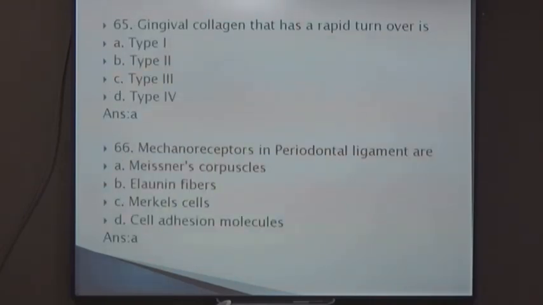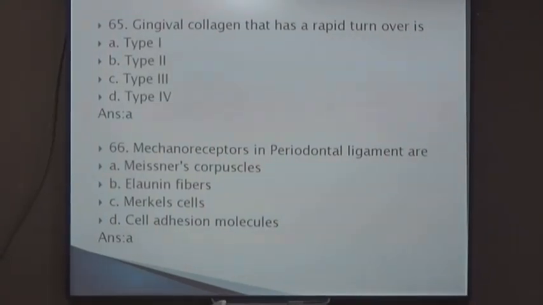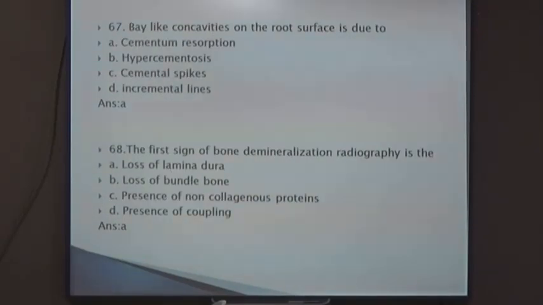Gingival collagen that has a rapid turnover is type 1, isn't it? Type 1 is more in periodontal ligament and gingiva, whereas type 1 and 3 is more in cementum. The mechanoreceptors in periodontal ligament are Ruffini's corpuscles. Bay-like convexity, I told you, is cemental resorption.